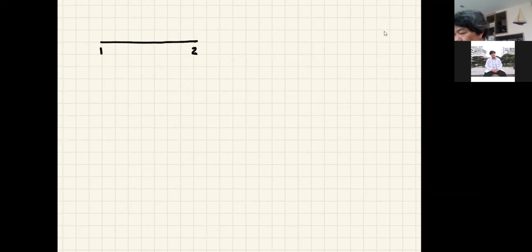So again, your orientation this time, if that is 1 at the origin, points towards 2. So basically this is your x-axis. Okay, so it's pretty obvious that your cosine is going to be 1 and sine is going to be 0.